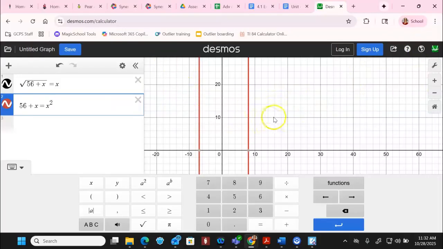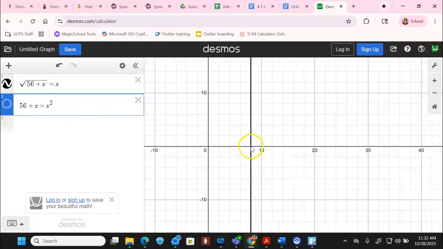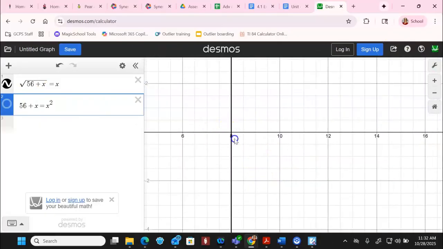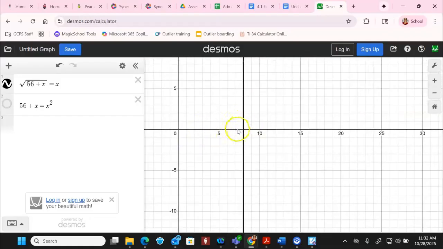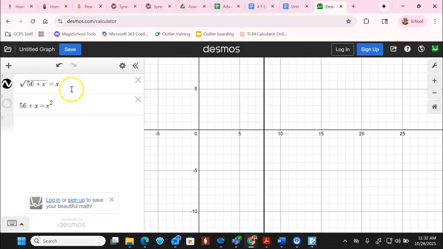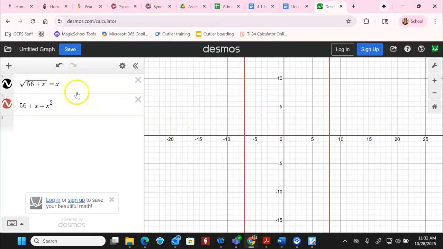And I want you to see what happens. If I don't plug it in, I only get 8. That's my answer, right? That's my solution. That's what the answer for this question is. Now, extraneous is the other one I cannot see. So if I plug this one in, now I see both of them.